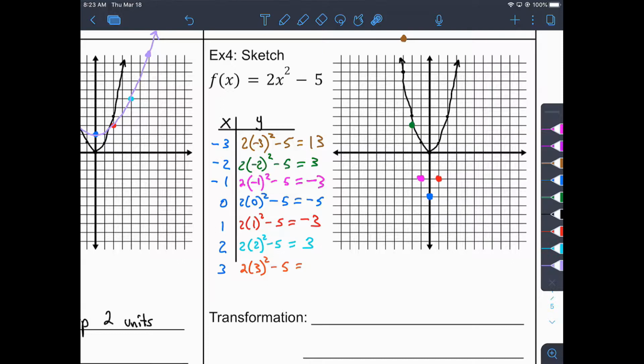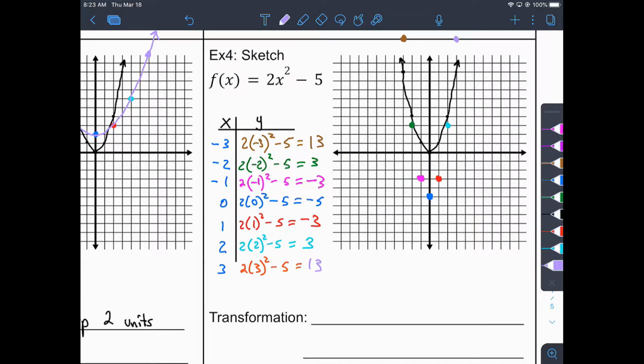So now I go over to 2 and up 1, 2, 3, up to a positive 3. Last but not least, 3 squared is 9, times 2 is 18, minus 5 is 13. So when I go over to positive 3, I'm way up here again at 13.